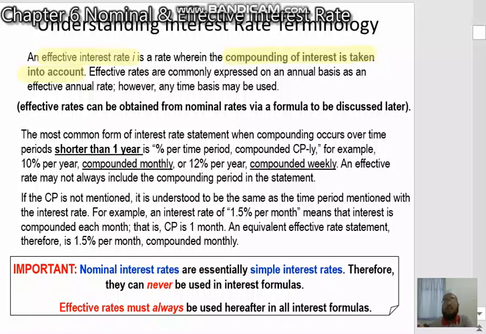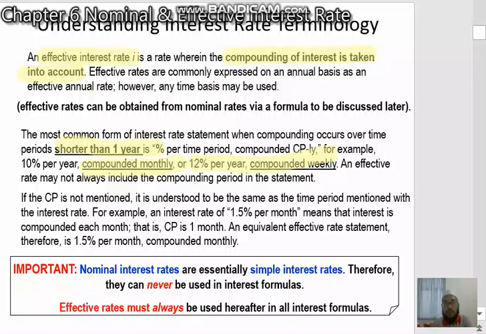So the most common form of interest rate statement when compounding occurs over time periods shorter than 1 year is percent per time period compounded monthly, for example, 12% per year compounded weekly. And effective rates may not always include the compounding period in the statement.